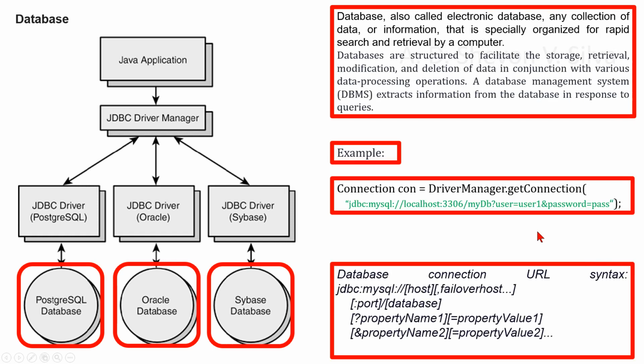As an example, we can consider connecting to a MySQL database. You can see the database connection URL here, and the syntax is here. Here host:port is the host name and the port number of the computer hosting your database.